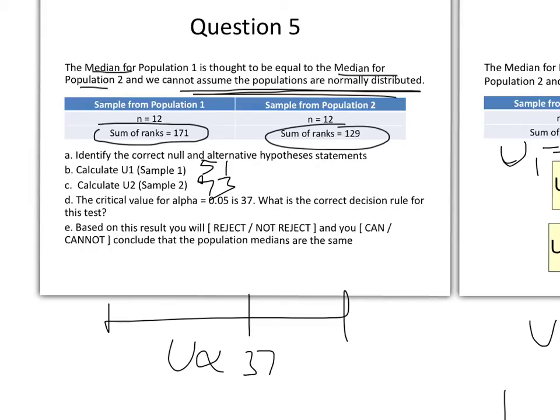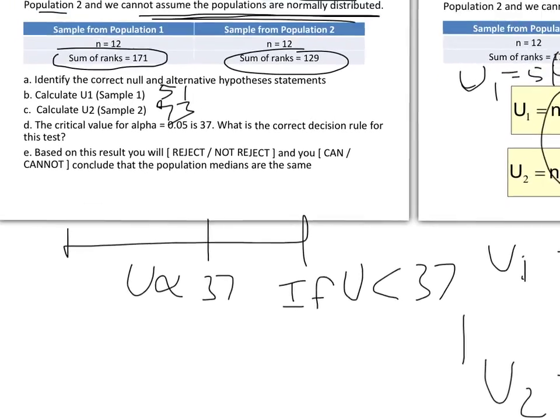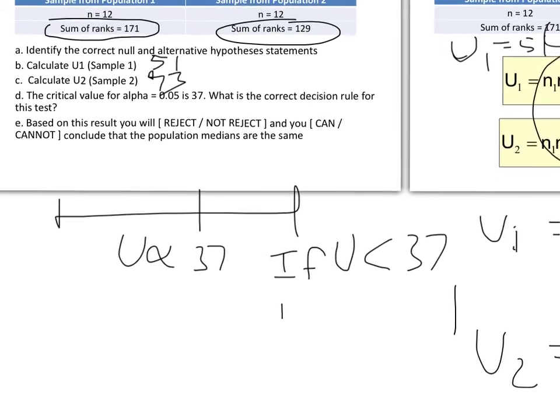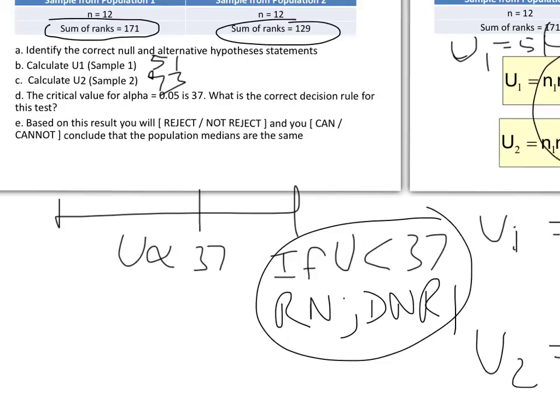Here's the difference in this type of test: for our decision rule, if U is less than 37, reject the null, otherwise do not reject. So that's our decision rule.